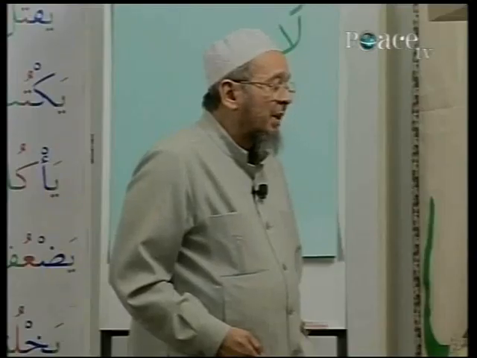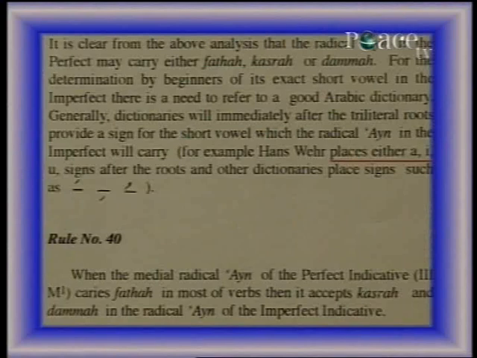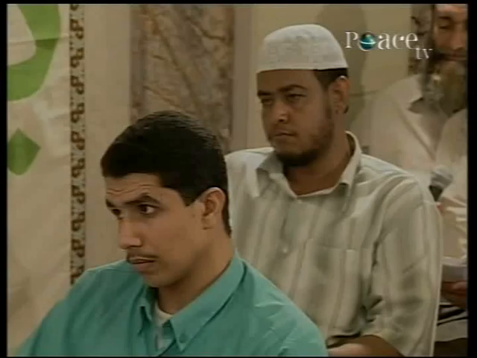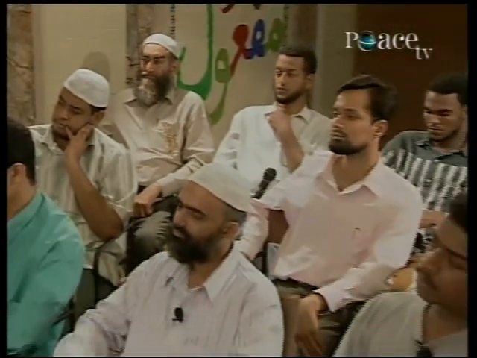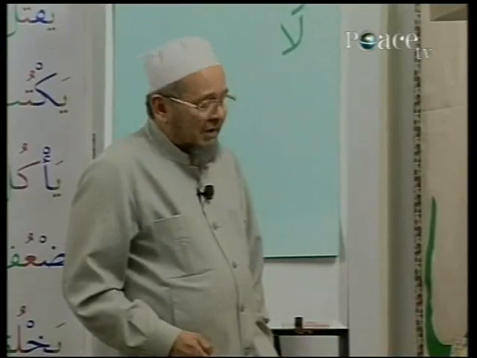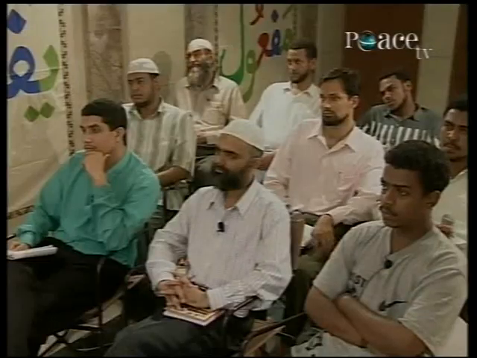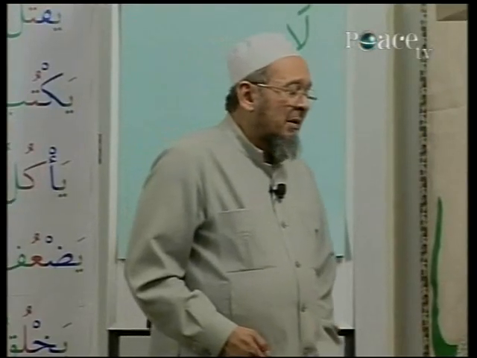For example, Hans Wehr places either A, I, U signs after the roots, and other dictionaries place signs such as A, E, U. And inshallah, I'm going to show you the Hans Wehr dictionary, which is very common and very easy to handle by the students.